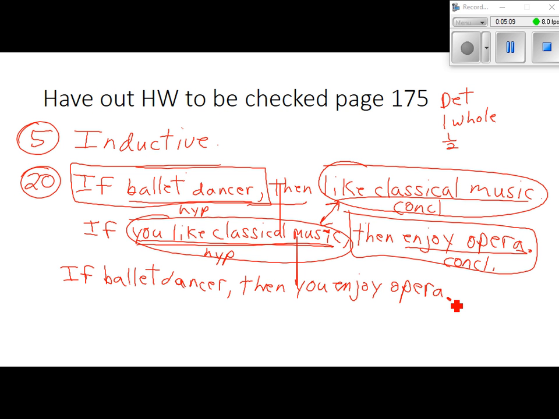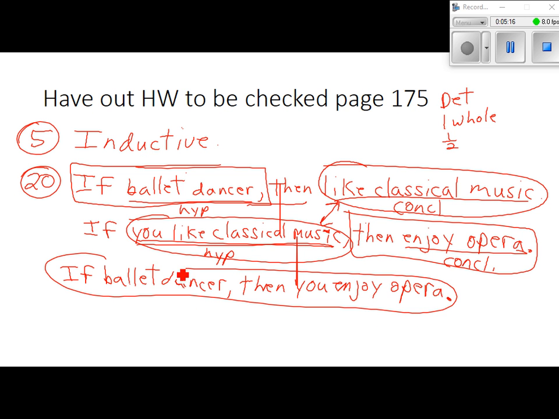That's what the law of syllogism tells us. We make up this new statement because of the law of syllogism. This has to be true. Now, Clifton's looking at it and going, I know some ballet dancers and they don't like opera. Well, that might be, but according to our laws, that's the way it's supposed to work. And there are going to be exceptions to just about everything.